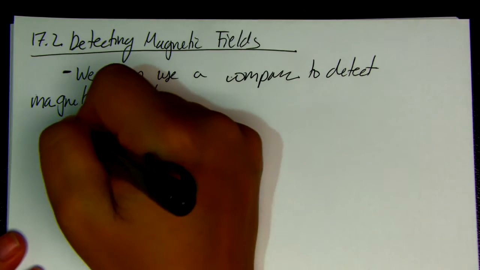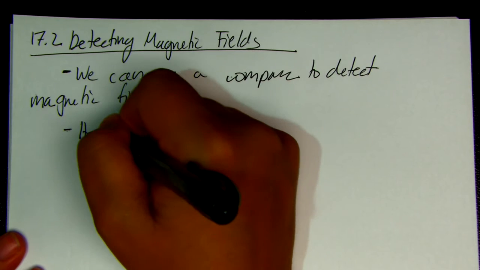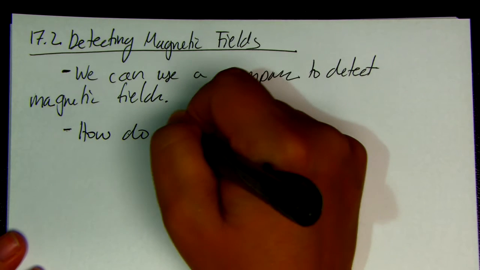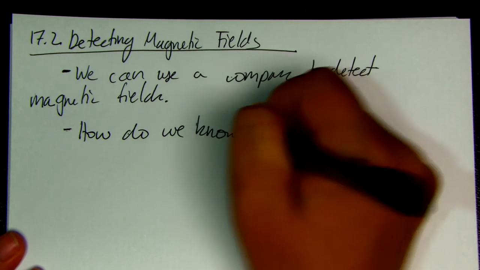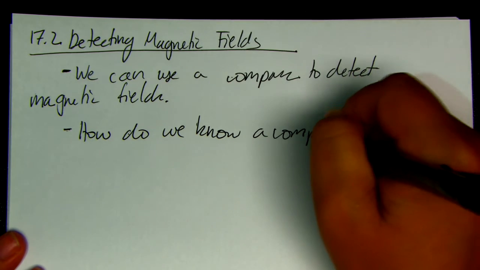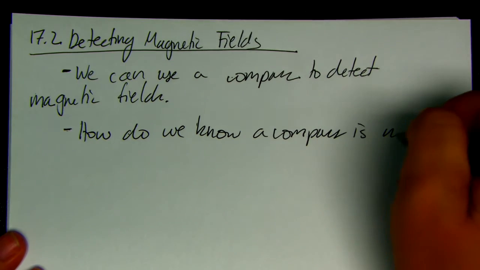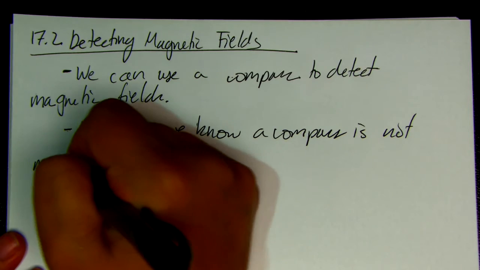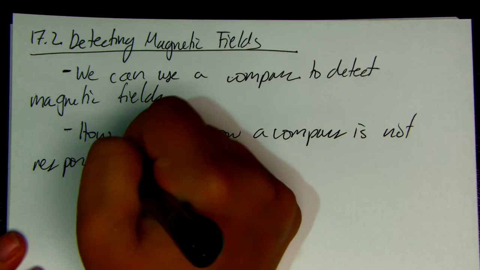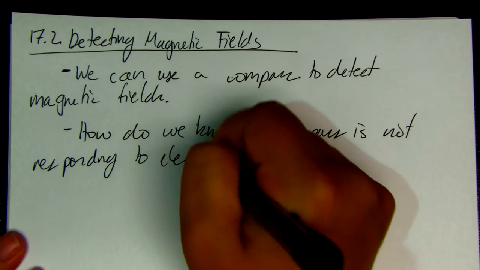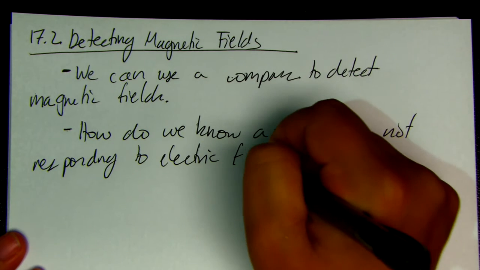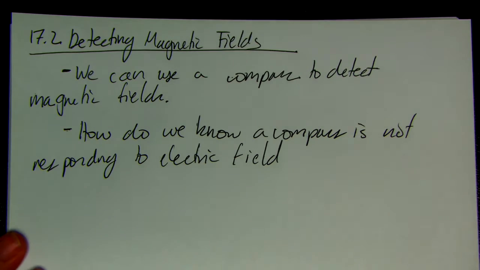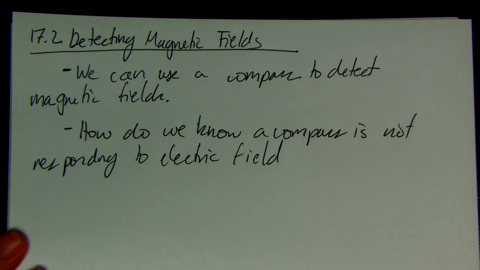All right, but you might ask, how do we know a compass is not responding to electric fields? Well, if you were in class, you would see me wave a charged rod over a compass and see it does not respond at all to it.